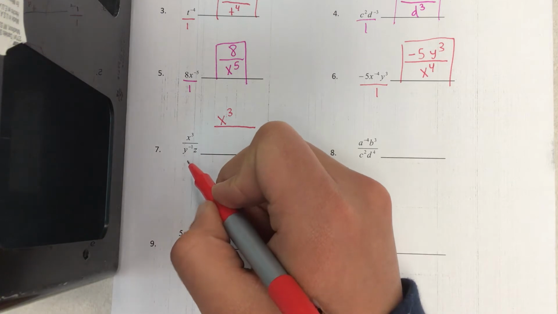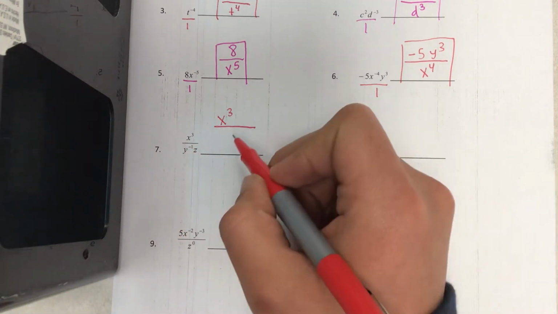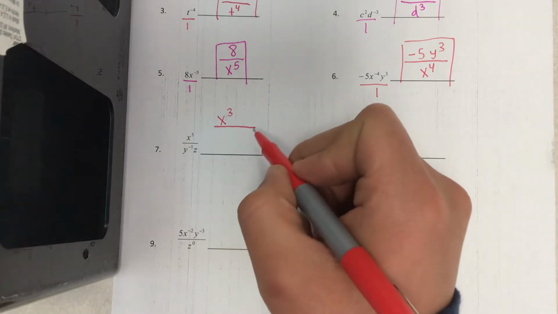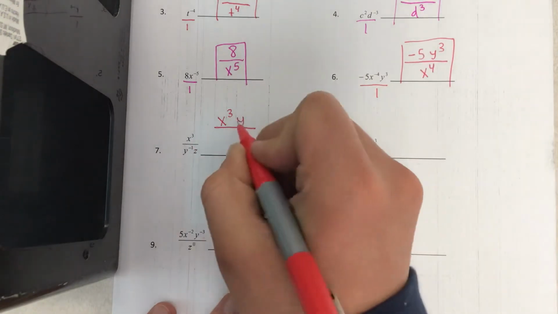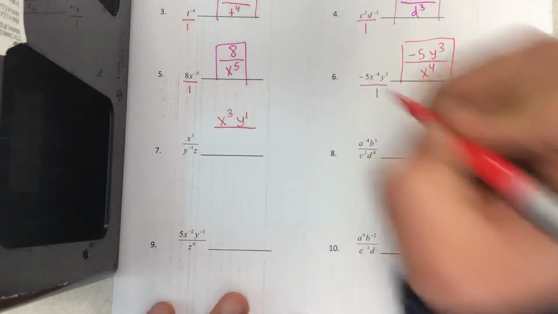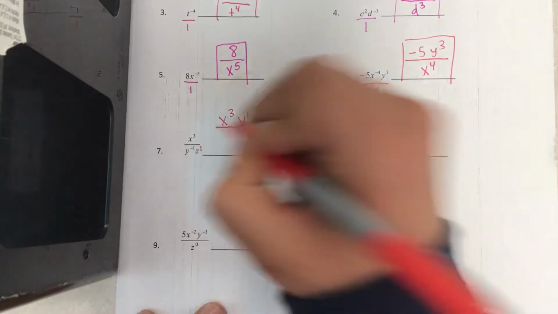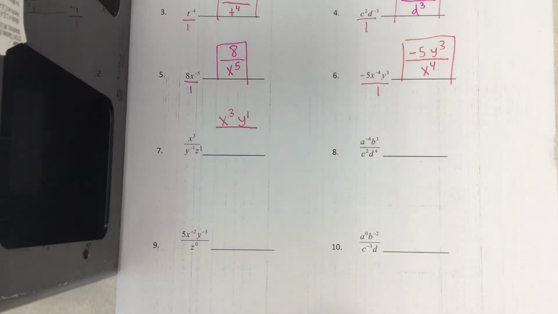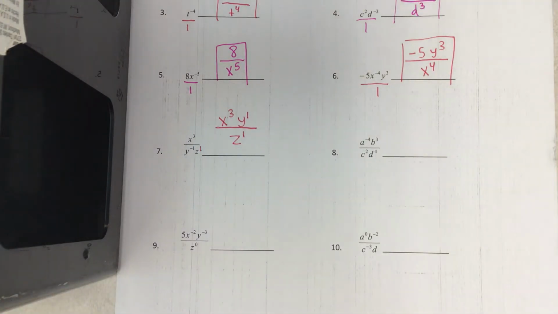We can't have negative exponents, okay? So now, since it started in the denominator, it's going to go to the numerator where it's going to have a positive exponent, okay? So it's going to have a positive 1, just like that, okay? And then z, right? Z has a positive exponent of 1. It's a z by itself, so we can write z to the 1, okay?